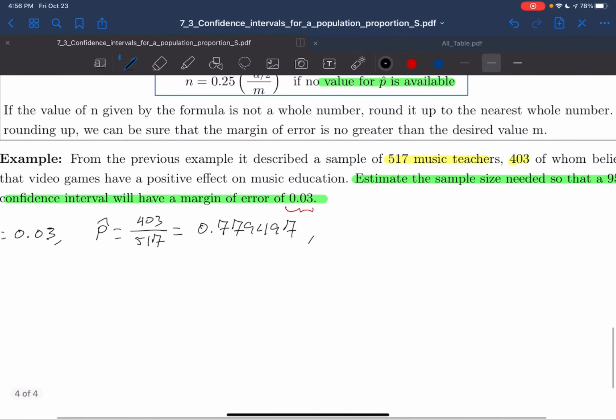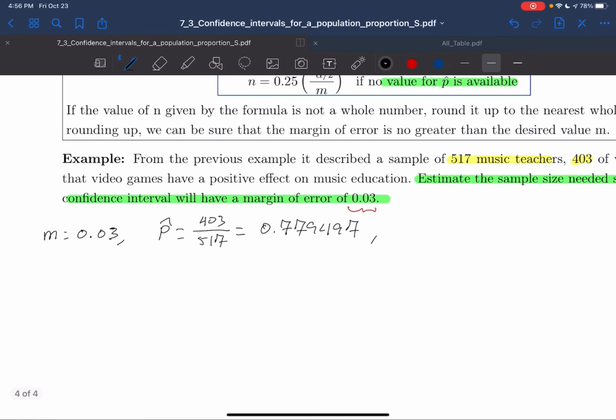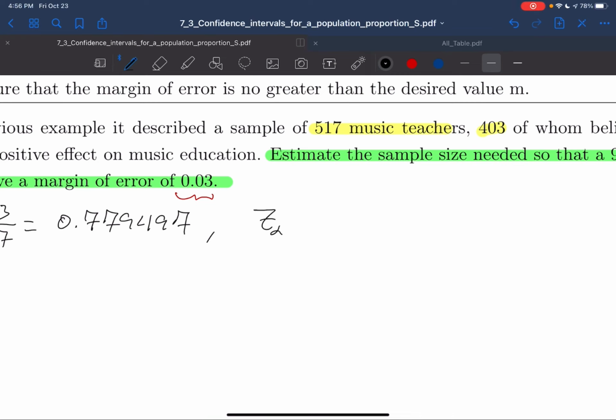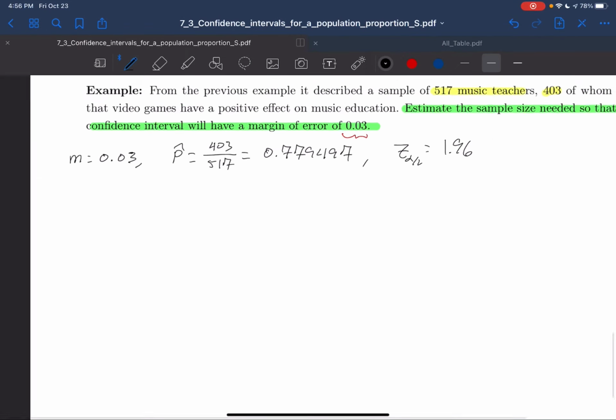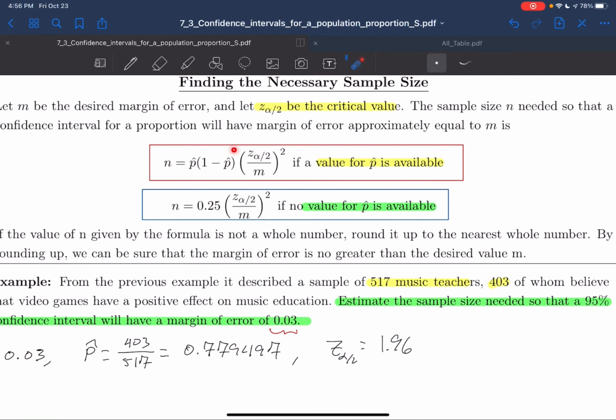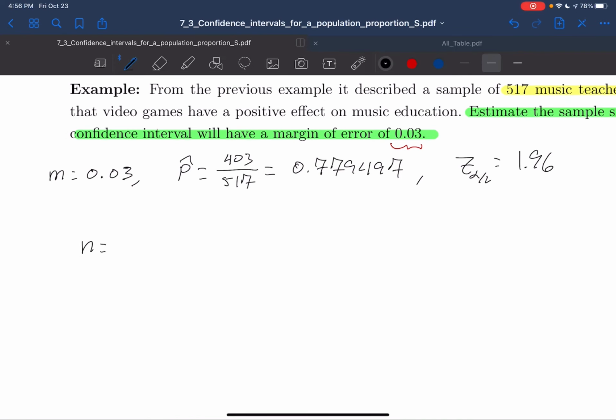Our critical value for a 95% confidence interval, z of alpha over 2, is 1.96. So the formula we're going to use is this formula here: n is equal to p hat times 1 minus p hat times z, our critical value, over our margin of error, squared.